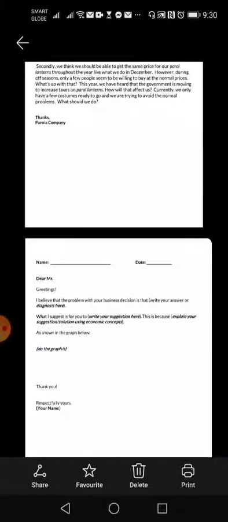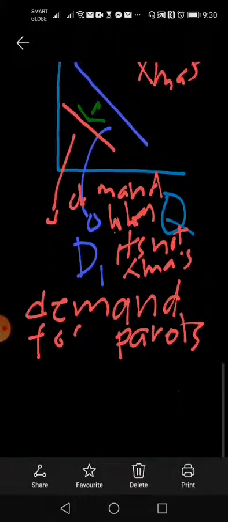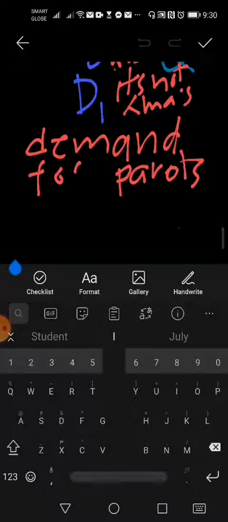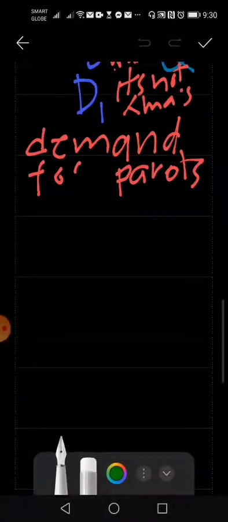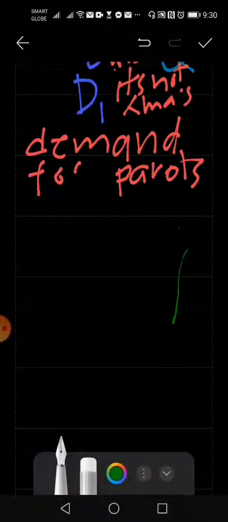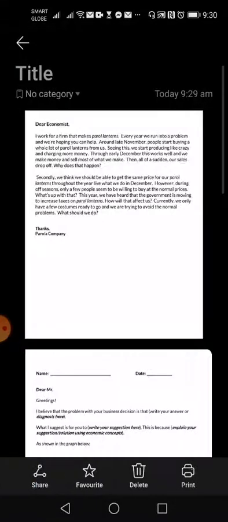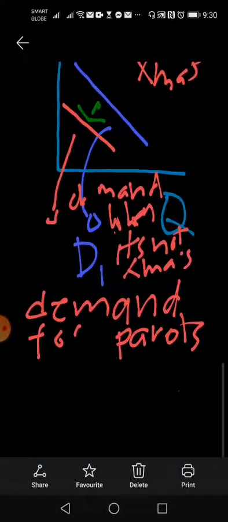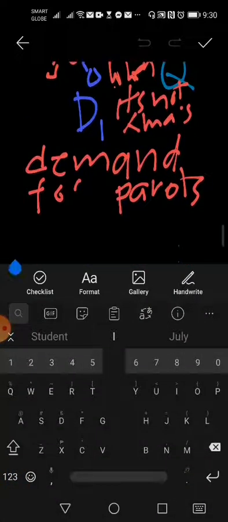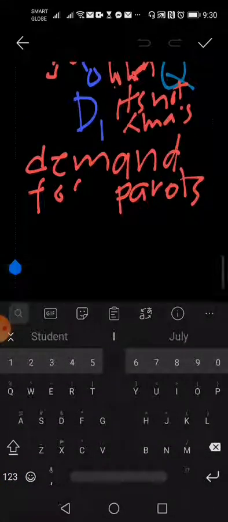And another suggestion would be to diversify. And you could use another demand curve for this one. So sabi niya, sa Christmas lang daw sila nagpo-produce. Pero alam natin, there are different seasons for the rest of the year. So, iba-iba yung seasons natin. Pwedeng magkaroon ng Labor Day, pwedeng magkaroon ng Halloween, and so on.